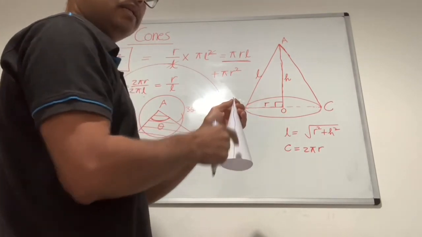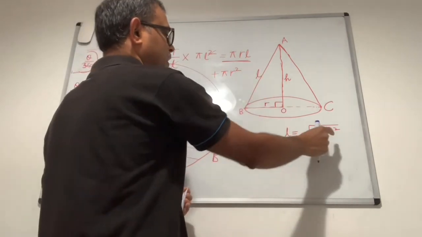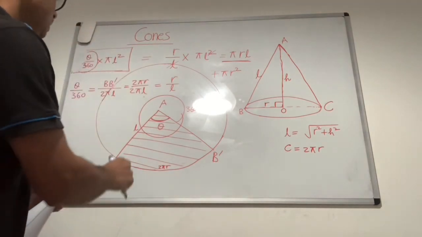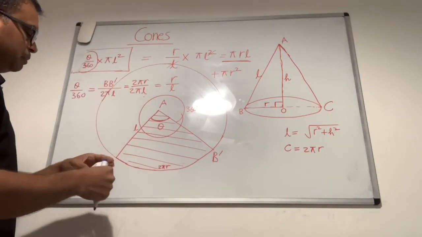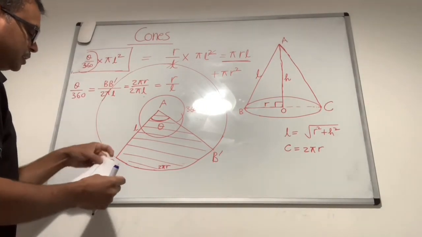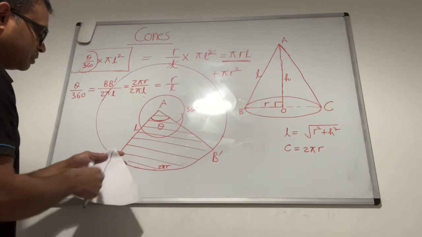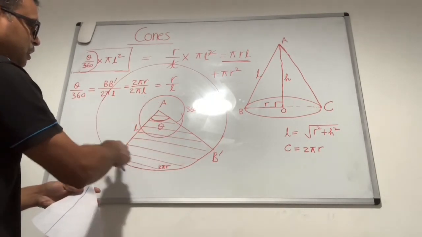Okay, this is L. Understood? So L can be calculated by Pythagoras theorem, and once you open it, it becomes a sector, and this L is the radius of this sector of the circle.